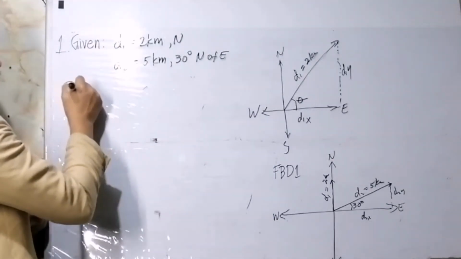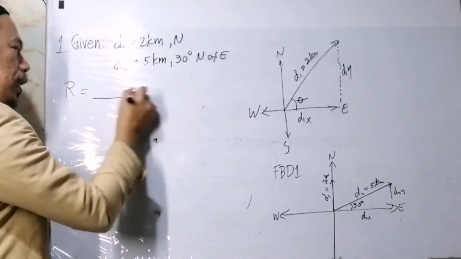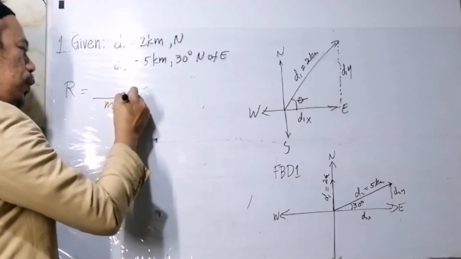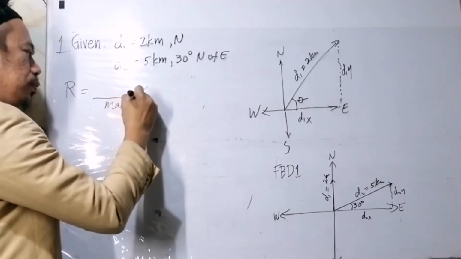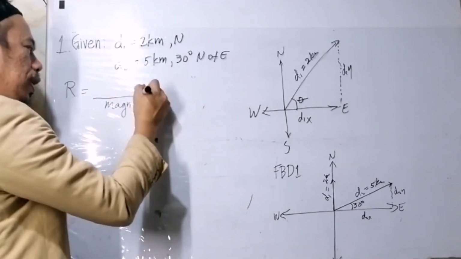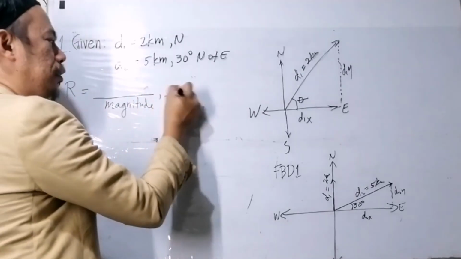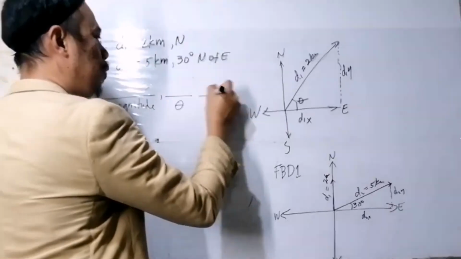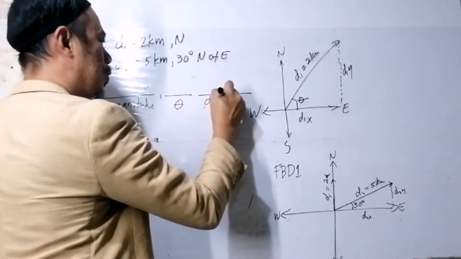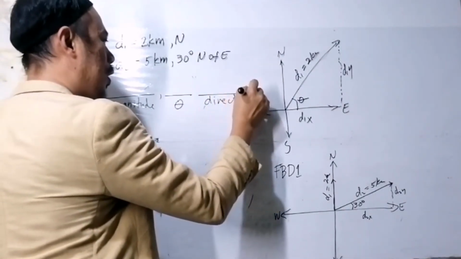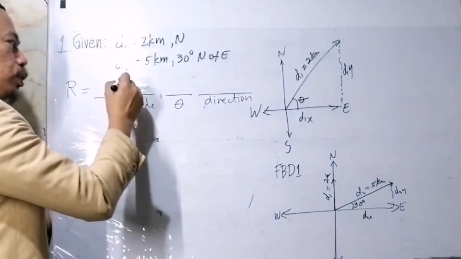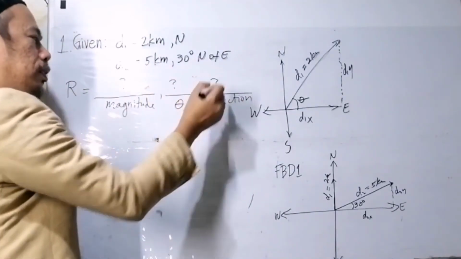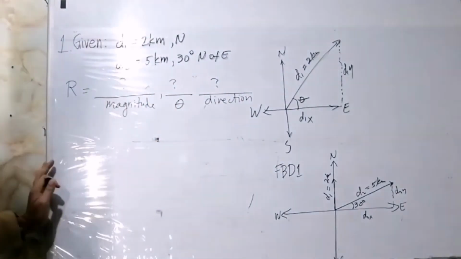So resolution of vectors can be in a magnitude. So we have to calculate the magnitude. Okay? And then the theta or the degree. Okay? Then we have the direction. So these are the things that we're going to solve. So the three. Okay?